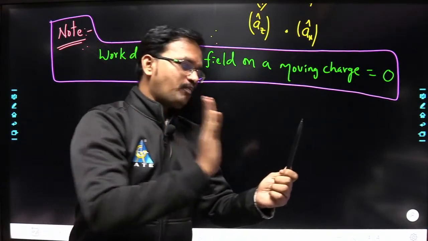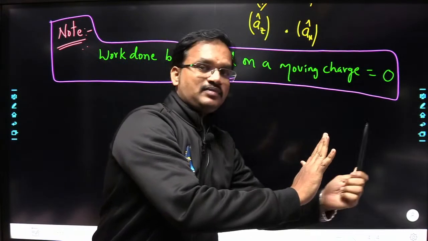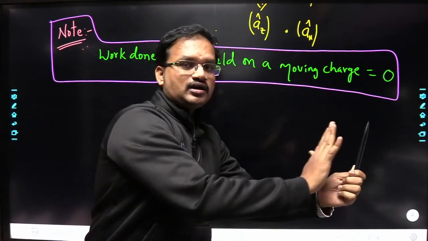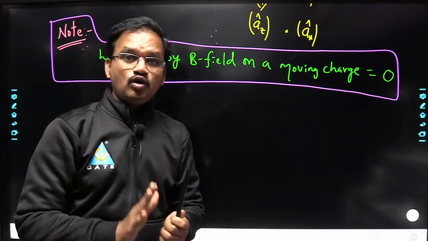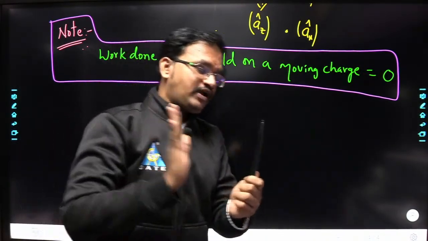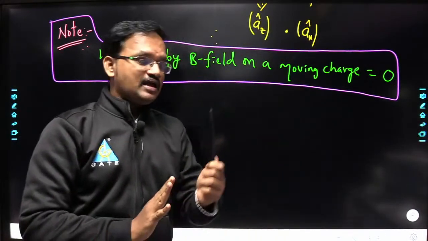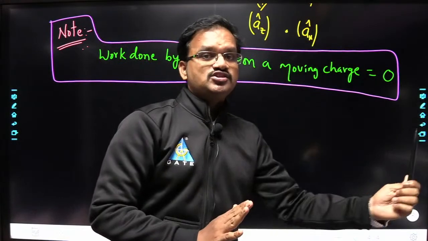I have applied a force, and that person has some displacement. Force dot displacement will give you work done. So whenever I do some work, there will be a change in speed.